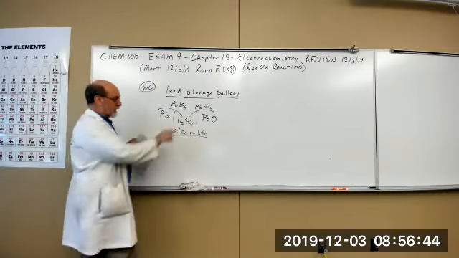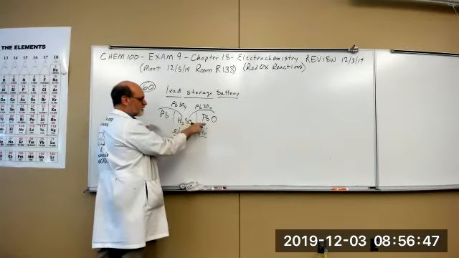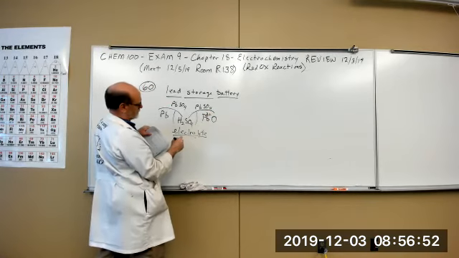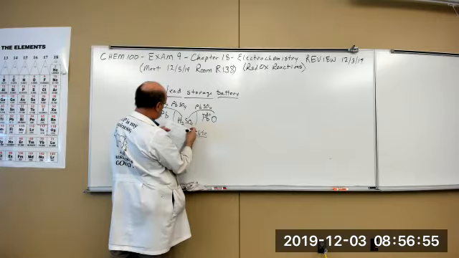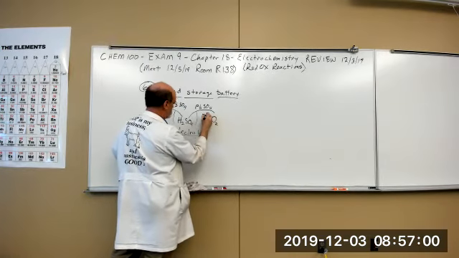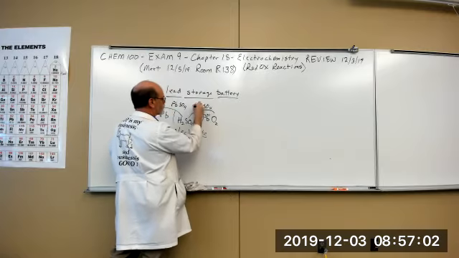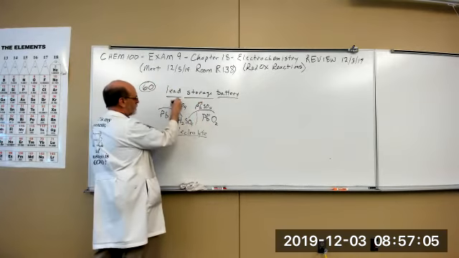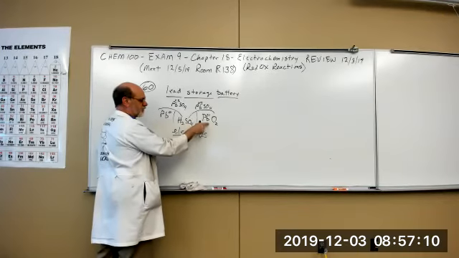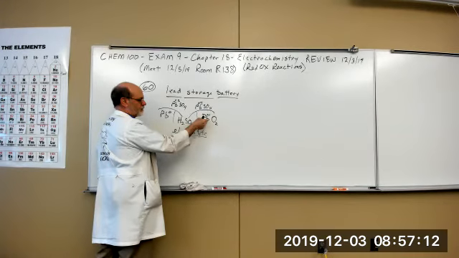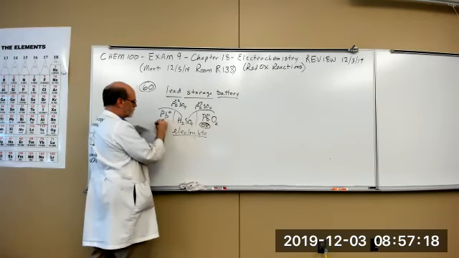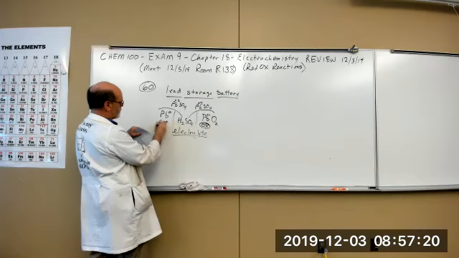Right? In each case, the oxidation state of lead changes. In this one, it's 2+. Let's see. No, wait a minute. That's not right. It's 1+. Now it's 2+ here, and here it's 2+, but here it's 0. So this one loses an electron, it's oxidized, and this one is reduced. No, that's not right. This one's oxidized.